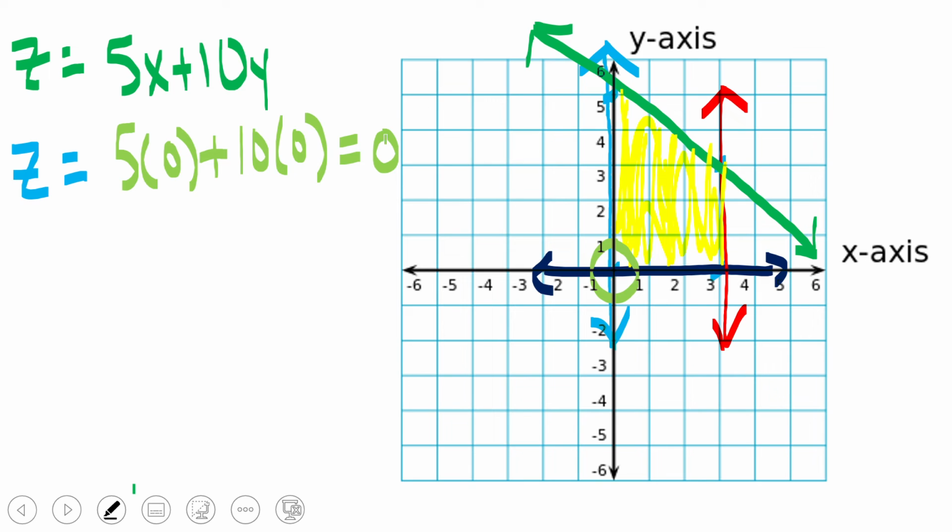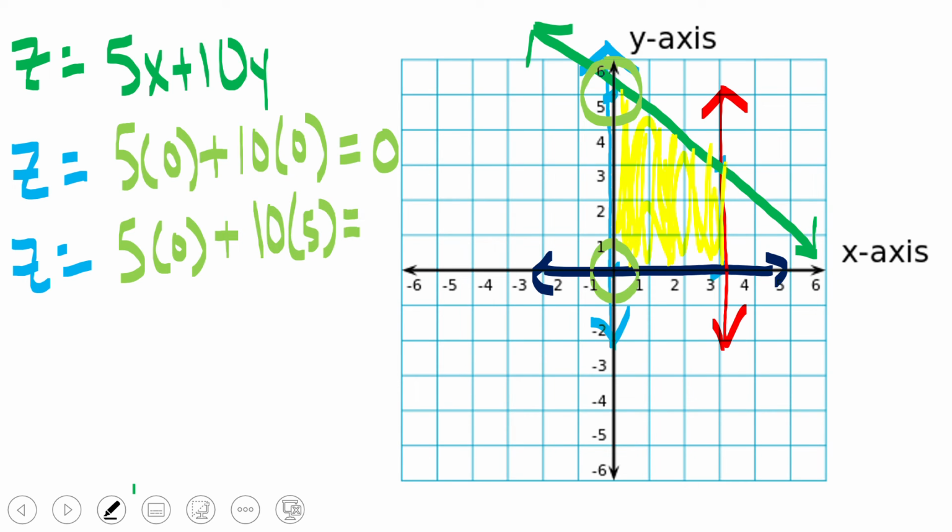Let's try the plotted point 0, 5. We'll plug in 0 for x and 5 for y here, and we get 50. That's a pretty big number. Okay, so we'll try again.